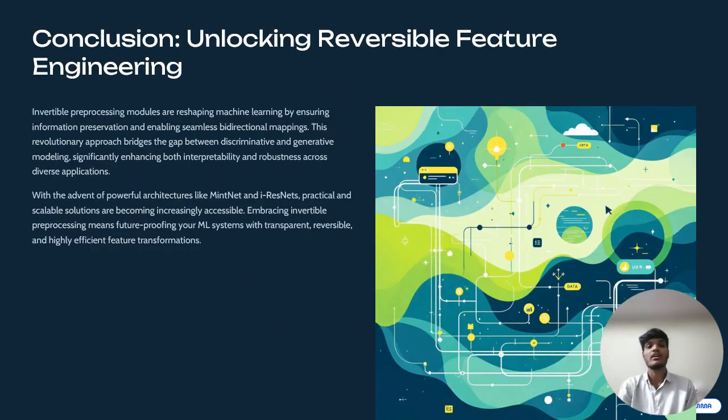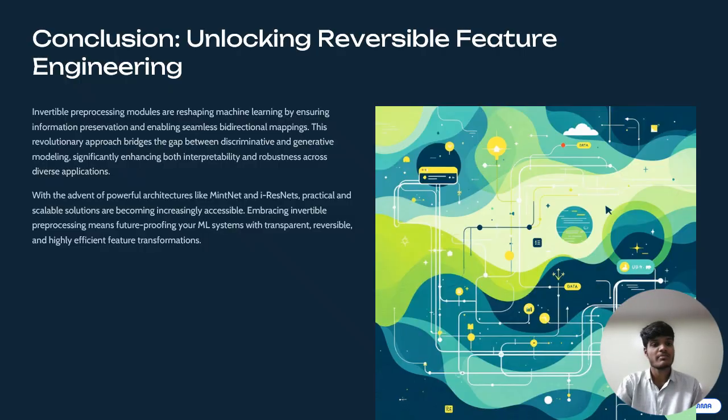Next. So now we conclude: unlocking reversible feature engineering. By using invertible preprocessing models, we can unlock reversible feature engineering. We can reshape machine learning by ensuring information preservation and enabling seamless bidirectional mappings. This revolutionary approach bridges the gap between discriminative and generative modeling, significantly enhancing both interpretability and robustness across diverse applications.